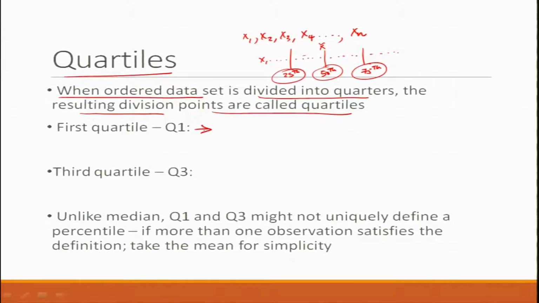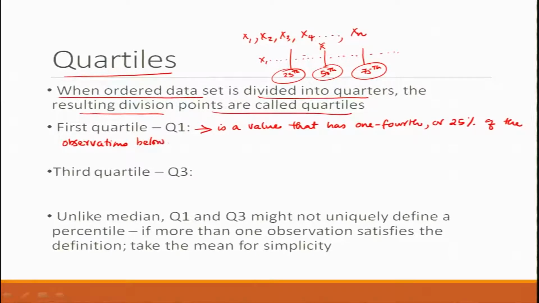The first one we are going to study is the first quartile, or Q1. The first quartile Q1 is a value that has 1/4, or 25%, of the observations below its value.